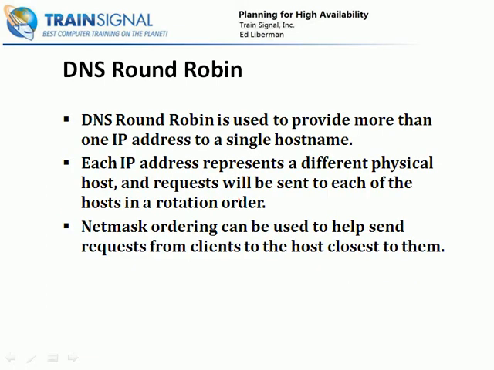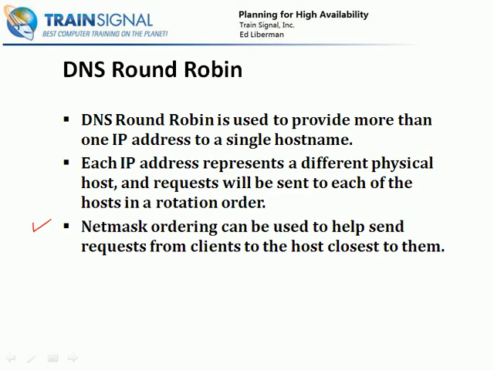Now, we can take DNS round robin to an extra level by enabling something called netmask ordering. When you enable netmask ordering, this can be used to help send requests from clients to the host, or again, think of that host as server, to the server that is closest to them.